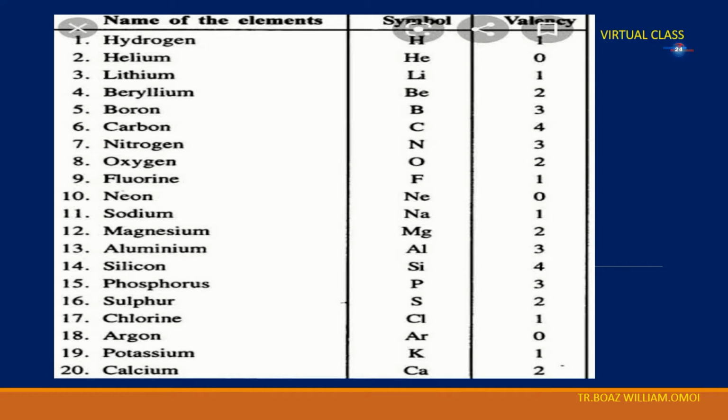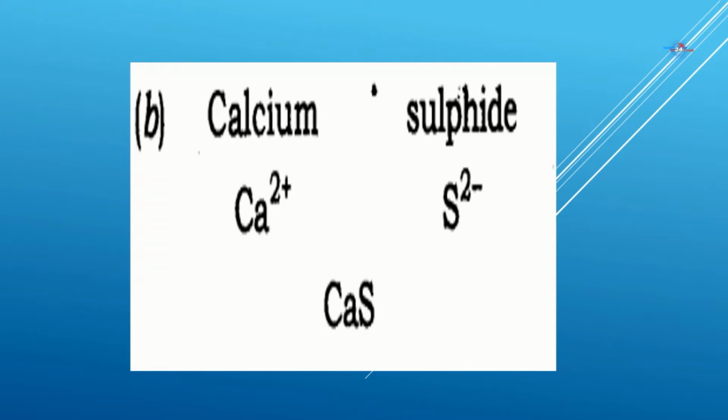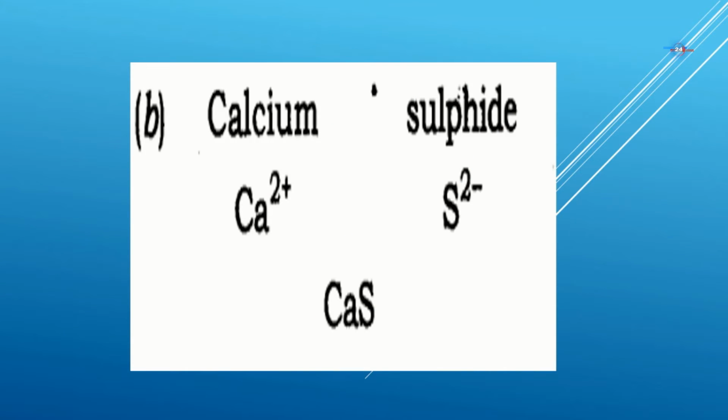Now, let us write the chemical formula of calcium sulphide. Remember, calcium is atomic number 20, it loses 2 electrons. Therefore the valency of calcium is 2 and the oxidation number is positive 2. Sulphide is atomic number 16, therefore 2, 8, 6, it gains 2 electrons.